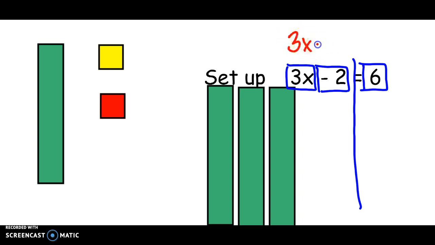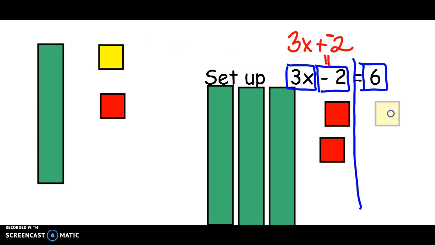So you had 3x minus 2, and your teacher would say that's the same thing as adding an opposite, or maybe you heard keep, change, change. So if you look, you're adding -2. It's the exact same thing. So what you want to remember for algebra is that the sign goes with the number, and then that equals positive 6.